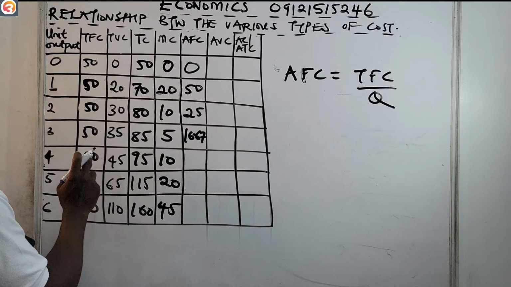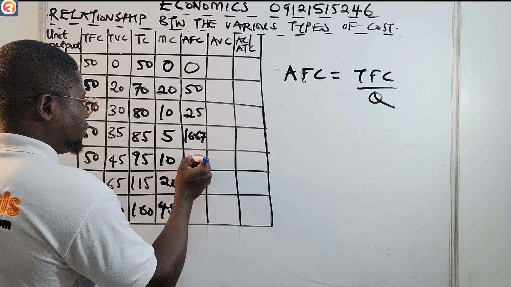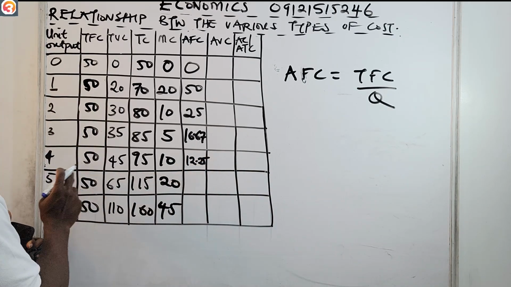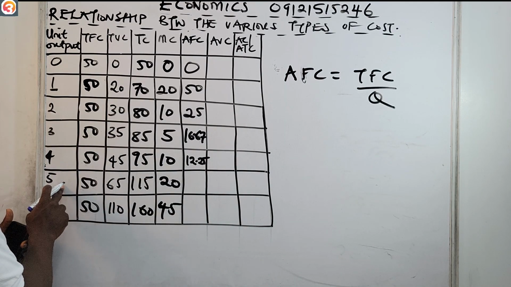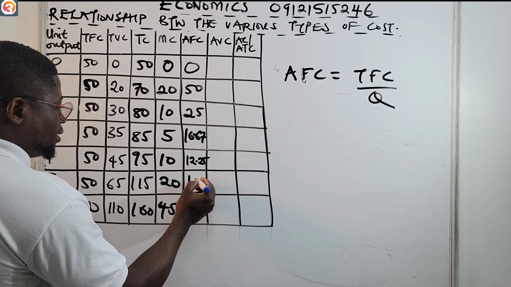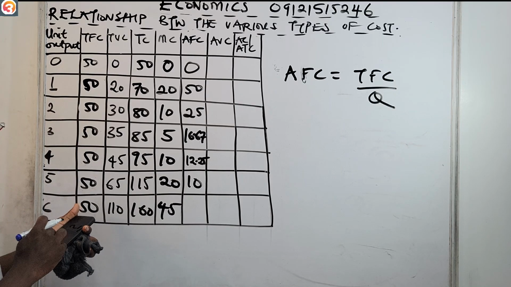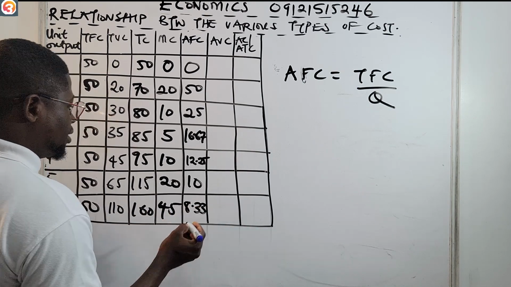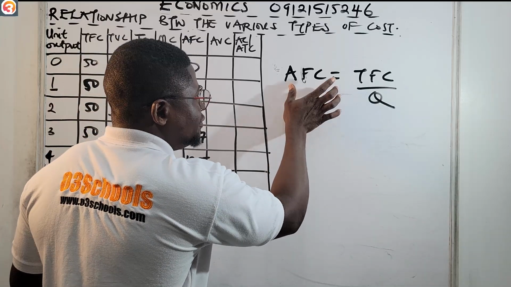Then 50 divided by 4, that is 25 divided by 2, 12.5. 50 divided by 5 is 10. 50 divided by 6 is 25 divided by 3, which is 8.33. So that is how we got our AFC, our average fixed cost.